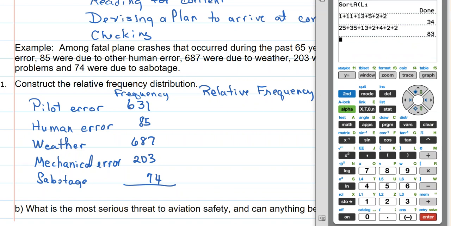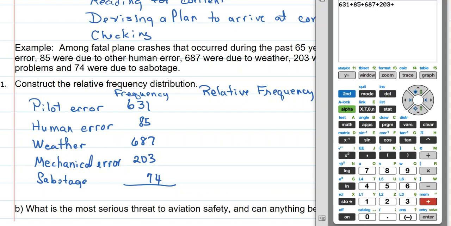So I'm going to have, let me clear this because I'm working this problem, 631 plus the 85 plus the 687 plus 203 plus 74. Let me look at my numbers, 631, 85, 687, 203, and 74. So I have a total of 1,680 data collections.